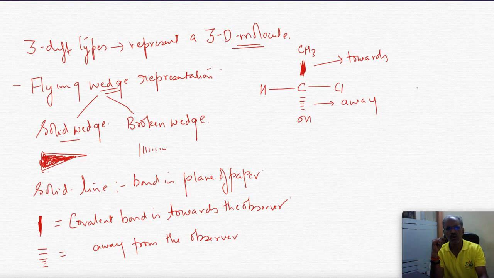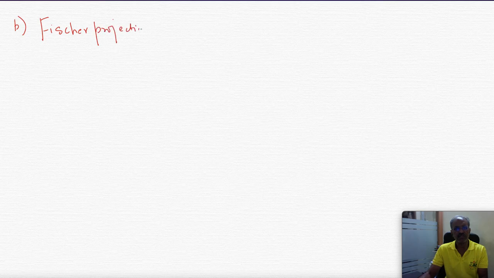Now we will see another type. That was the first type of representation. The second type of representation is known as the Fischer projection, or Fischer projection formula representation.